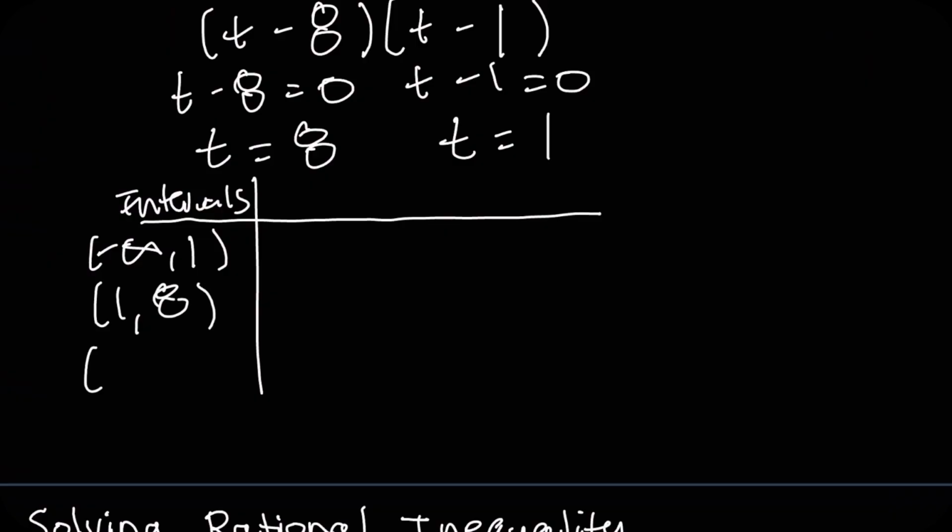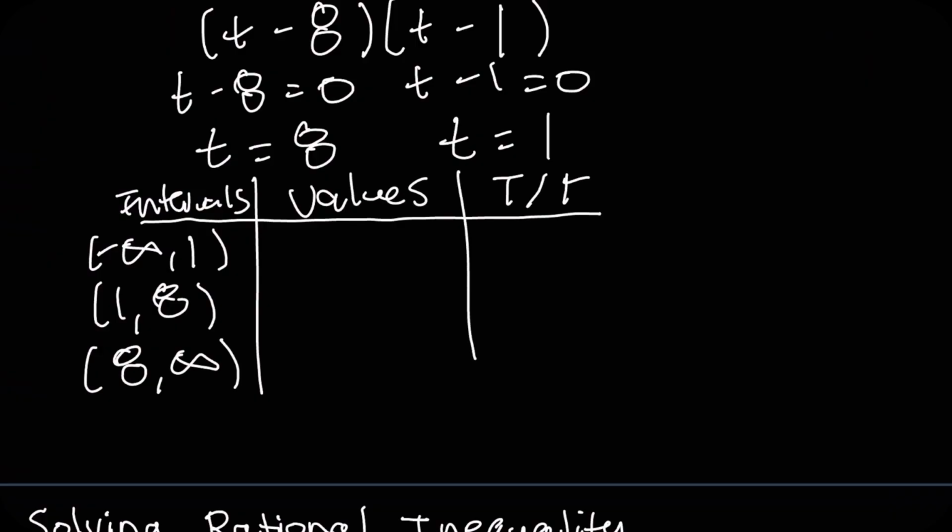And then finally, we have 8 to positive infinity, and then some potential values we want to try. And finally, our true and false, plugging it back into our original equation. So let's go ahead and pick a 0 because that's less than 1 and it's within this interval here. We'll pick a 2 and then finally a 9.